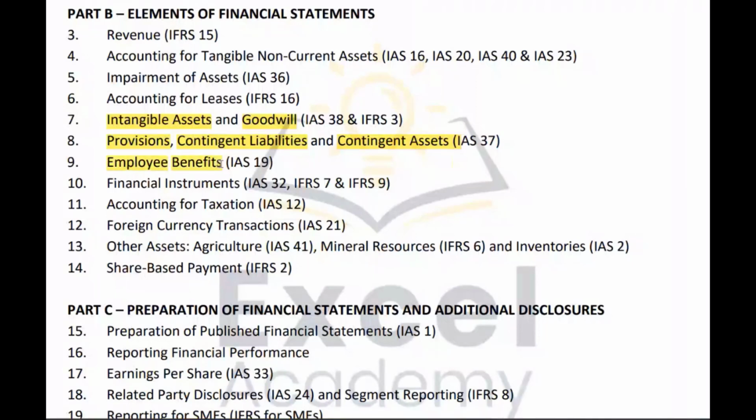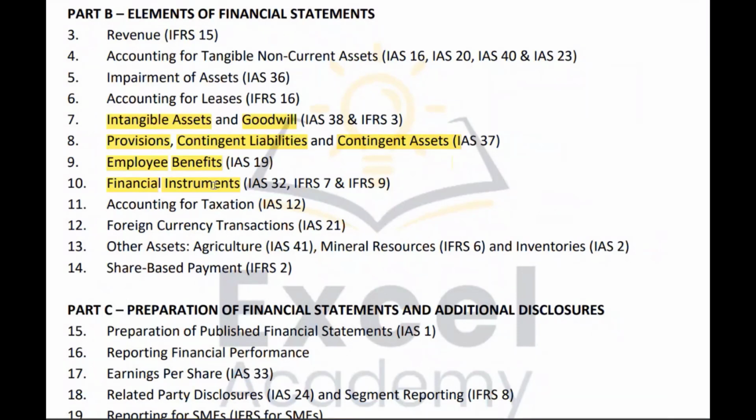After that, we now have one major and critical topic as far as this exam is concerned. It has 3 standards guiding it, which tells you how significant the topic is. The topic is financial instruments. We need to take note of this topic. It's a very vital one that we need to know.